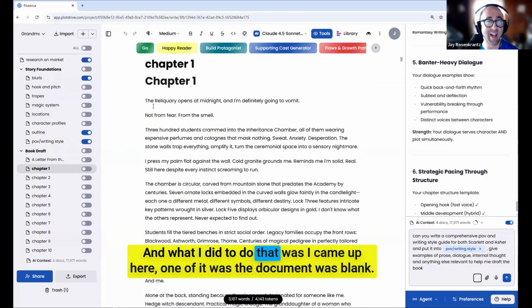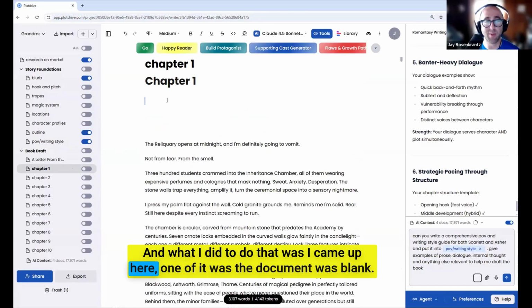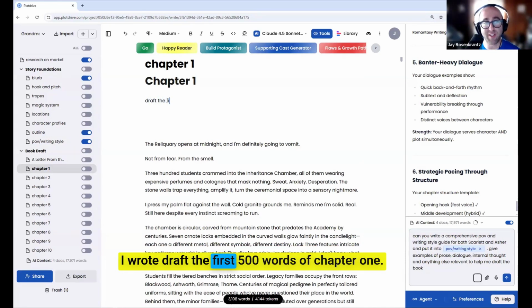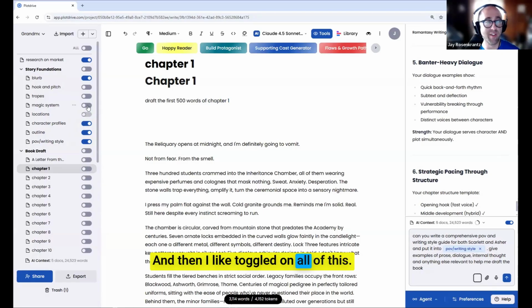To do that, I came up here when the document was blank and wrote, draft the first 500 words of chapter 1. Then I toggled on all of this so it knew all this stuff, and I just hit this go button.